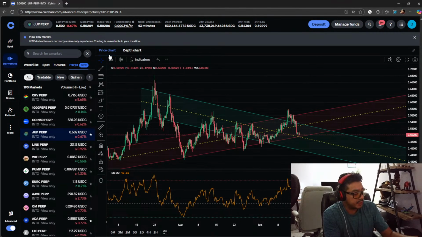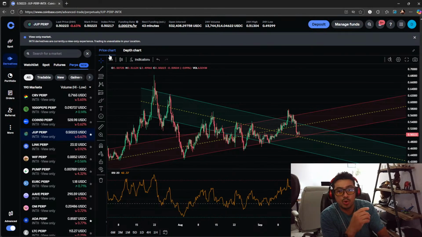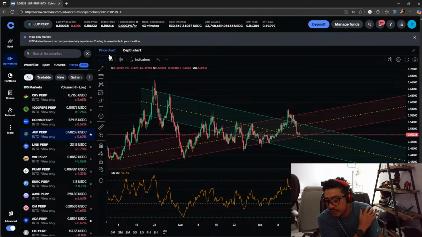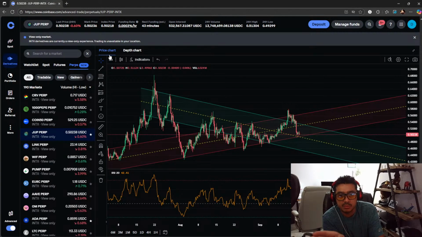what happened with Phantom Wallet is that troll coin that came out. Dude, that was insane. I can't believe it actually took off like it took off. I bought it when it was at 0.01 and some change. I put $500 into it, took off to 8 cents.